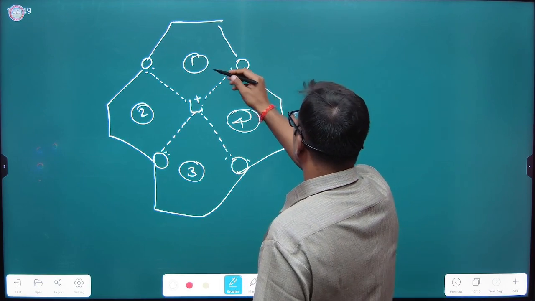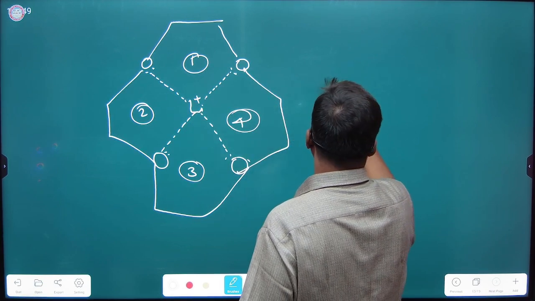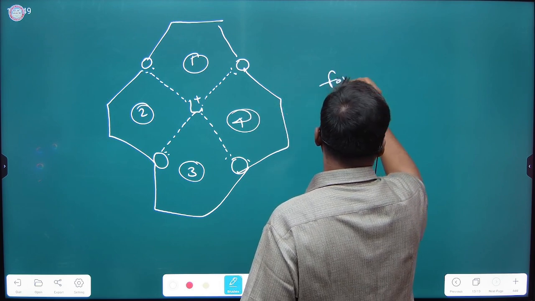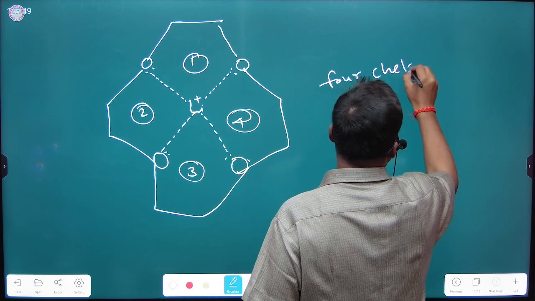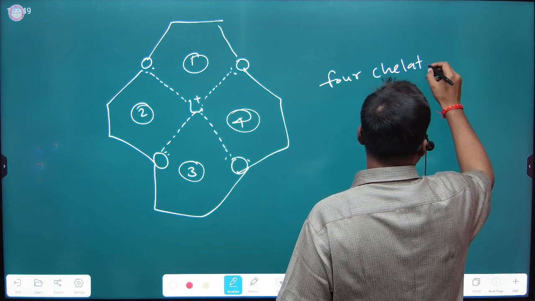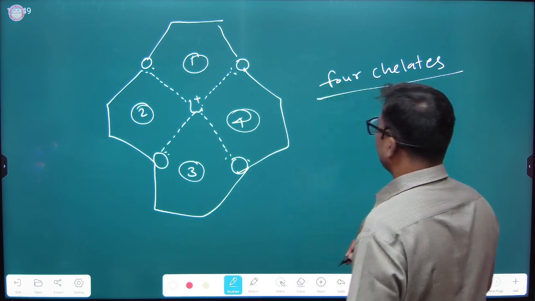One chelate, one, two, three, four chelates. Actually, the structure possesses four chelating rings, four chelates, right? Because of the presence of ring structure.